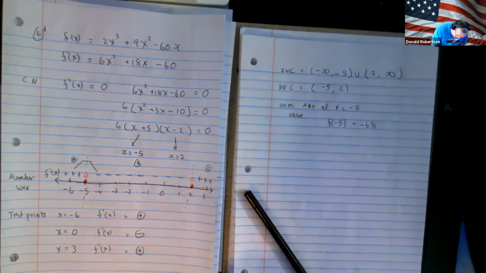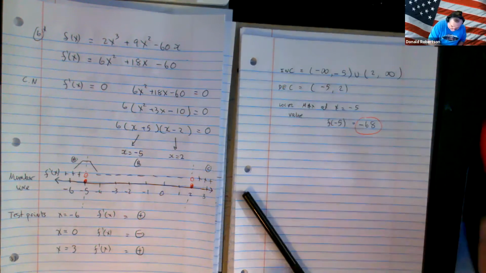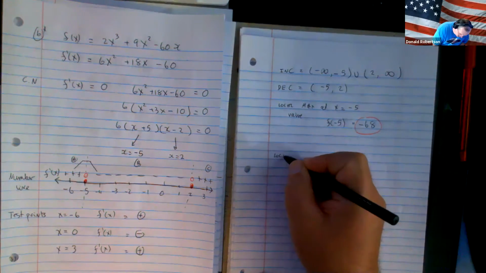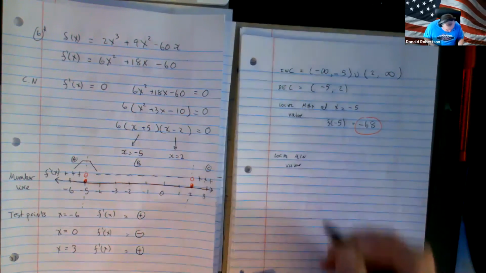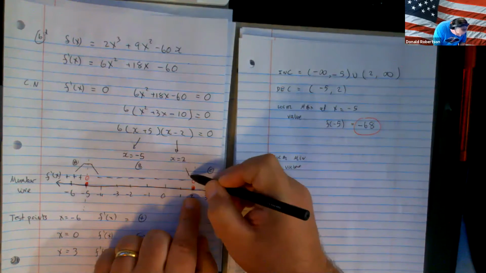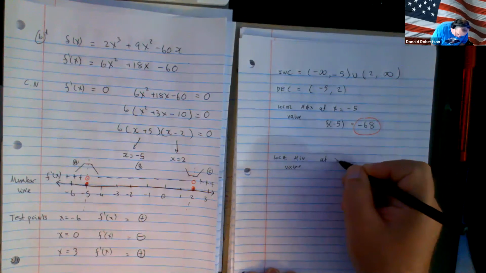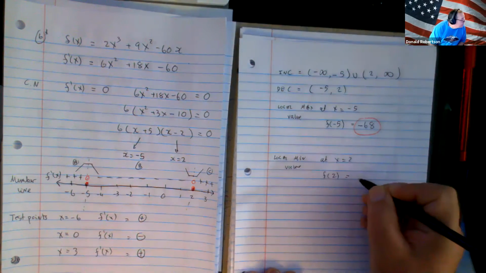So that's the number they're looking for, the y coordinate of the local max. And then they want the local minimum value. I'm assuming that there is one. -0, positive. Yep, that's at x equals 2. And its value is f of 2.